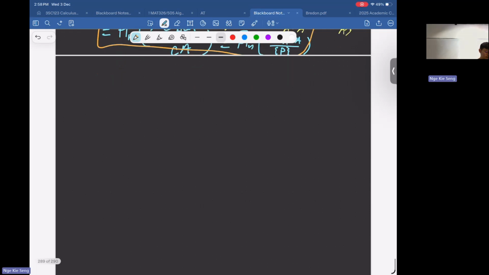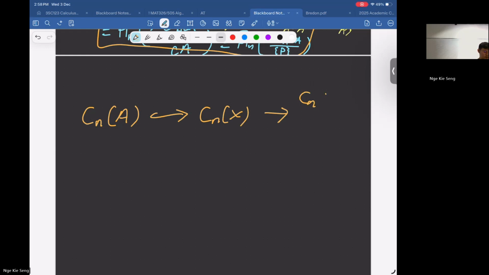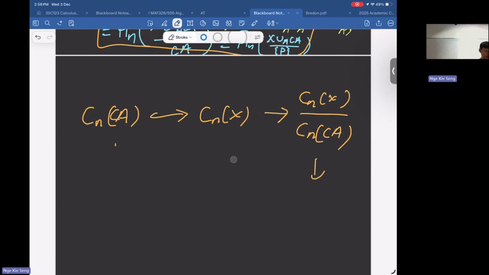Write it out, let's try. I've never written this out before. Okay, and then we know that. What do we know? So we have the real chain.